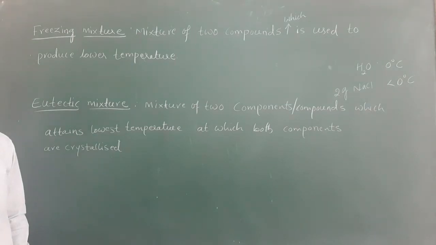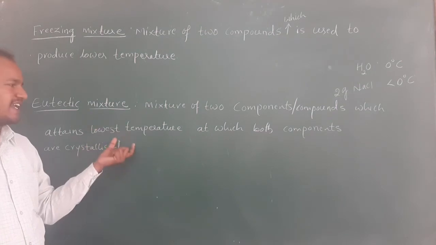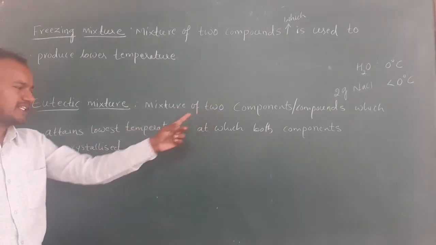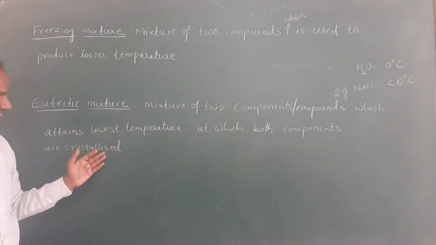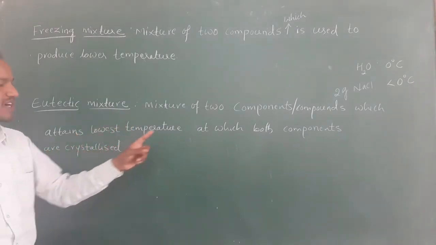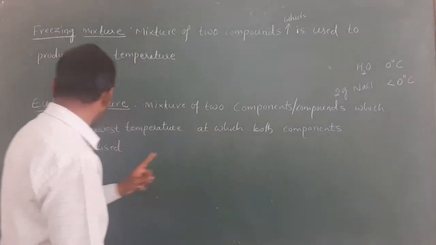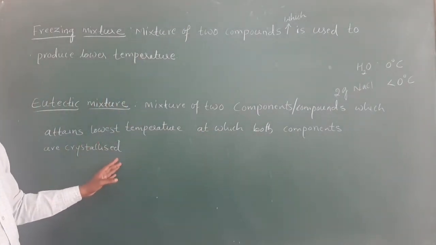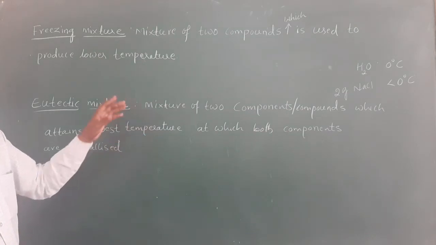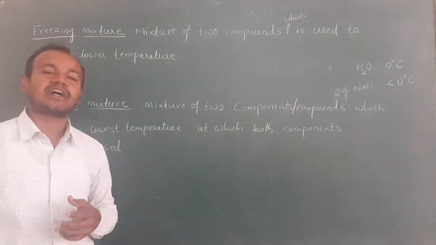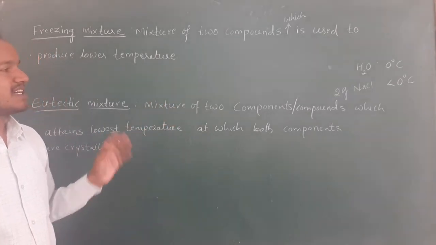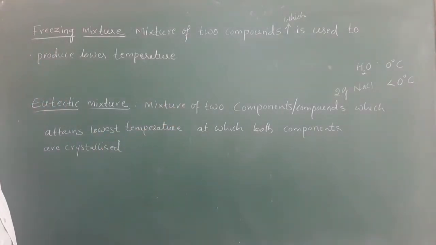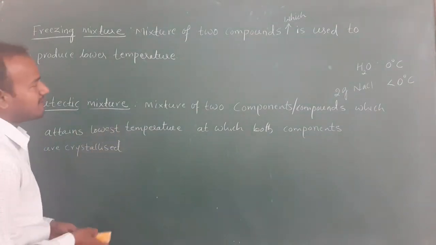That means this is the lowest temperature we can attain by mixing any two components, and at that temperature both the liquid form as well as the solid form are in equilibrium. That's what I say: at which both components are crystallized. And please remember, this temperature is again lower than the freezing point or melting point of these two components. So this is the simplest way to define a freezing mixture and a eutectic mixture.